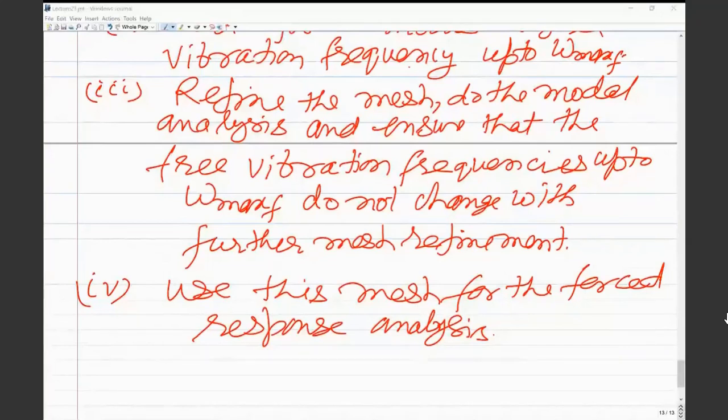Hello, sir. Sir, you told us to do the FFT of the forcing function, right? Are you talking about when the forcing function is given as a graph? If it is given as a graph, you have to actually discretize that. Obviously you cannot do without discretizing it.